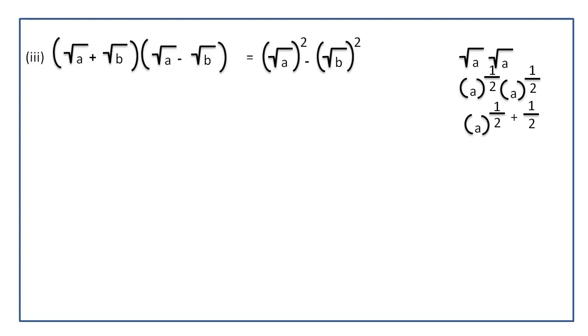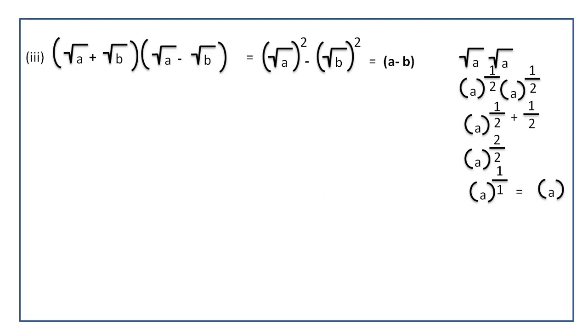So according to the law of exponent formula, that is A power m into A power n is equal to A power m plus n, using this formula it simplifies to A. So square root of A whole square is equal to A. So square root of B whole square is also equal to B. So on the whole, square root of A plus square root of B into square root of A minus square root of B is equal to A minus B.